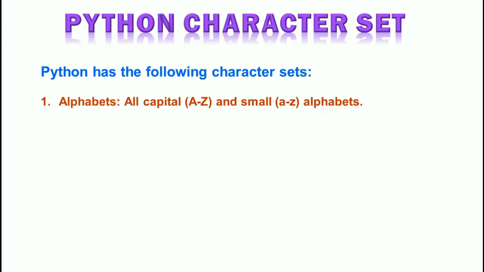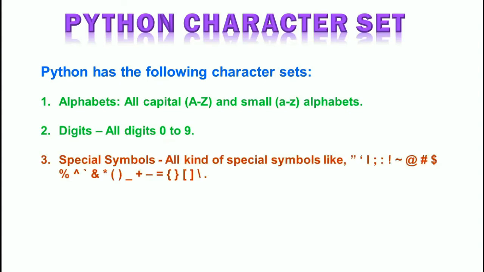In alphabets we have all capital letters from A to Z and small letters from a to z. In digits we have all digits from 0 to 9. In special symbols we have all kinds of special symbols like @, dollar, hashtag and all.